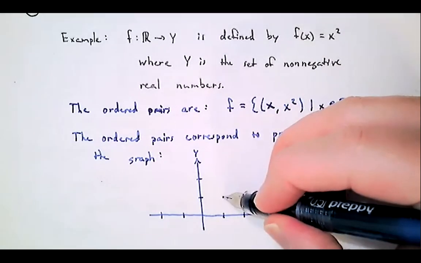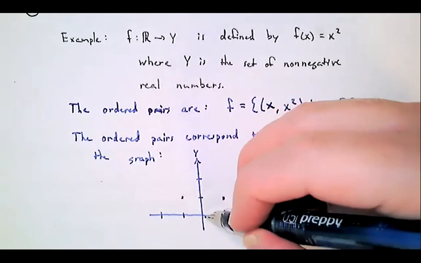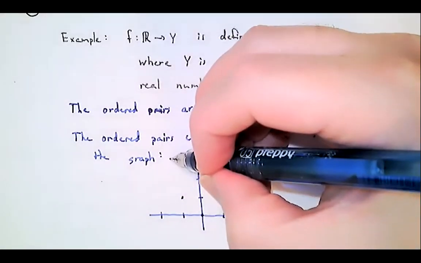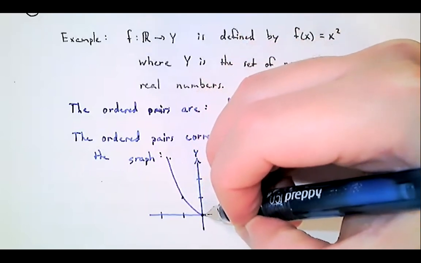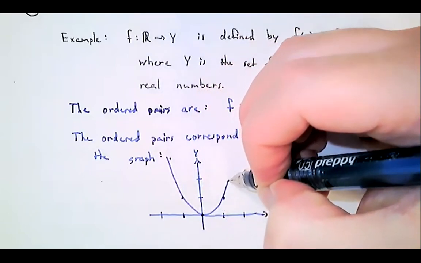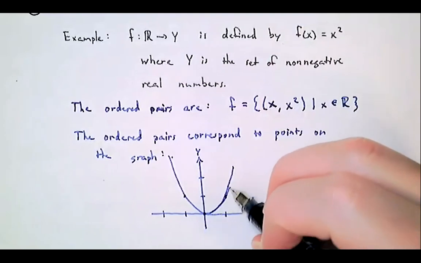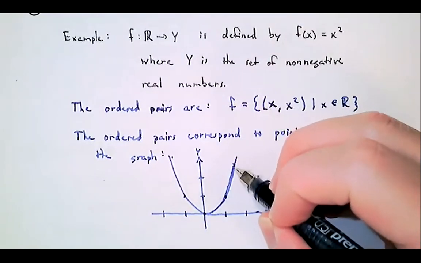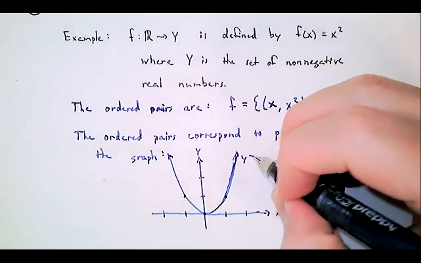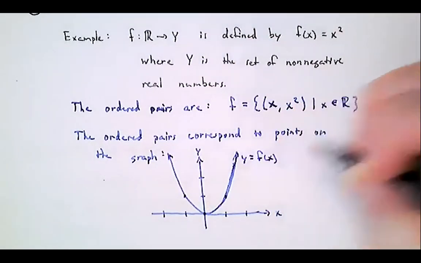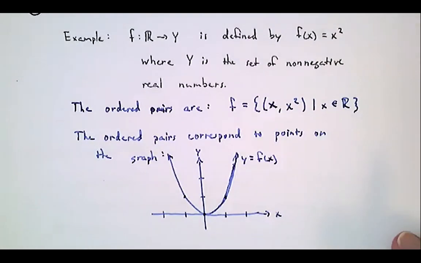Let's just plot a couple points and then connect the dots. Just try to make it symmetrical. And add a label there.